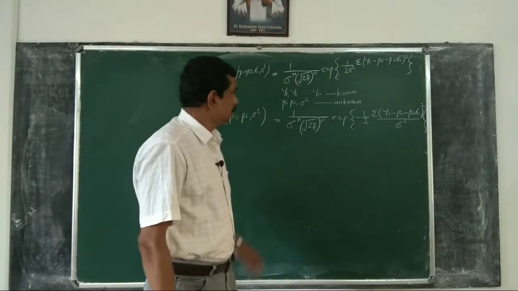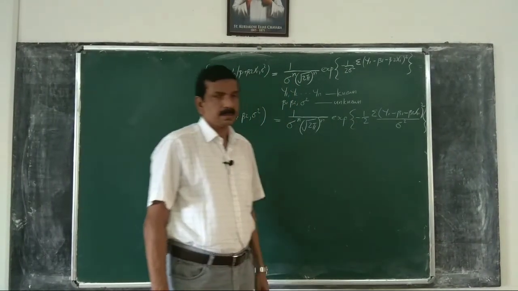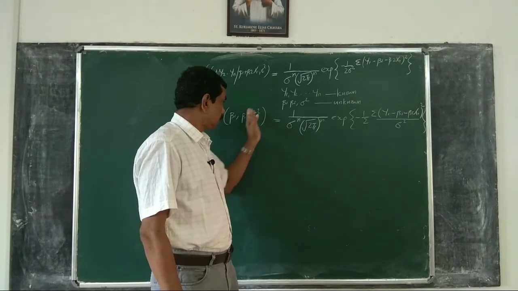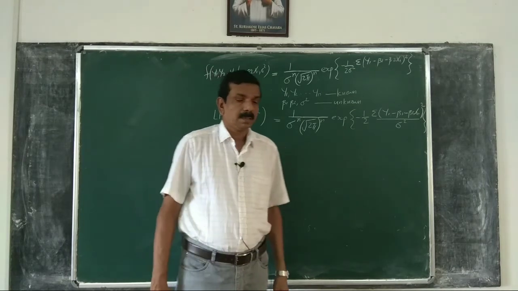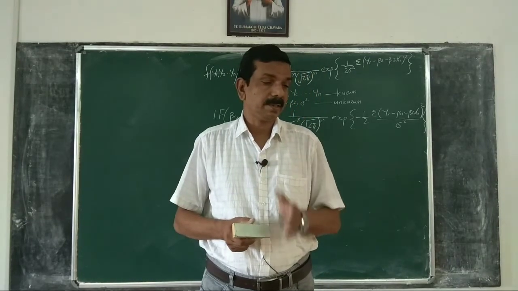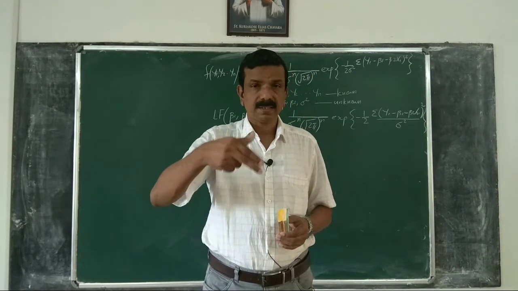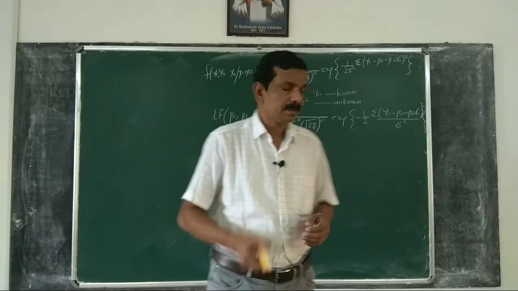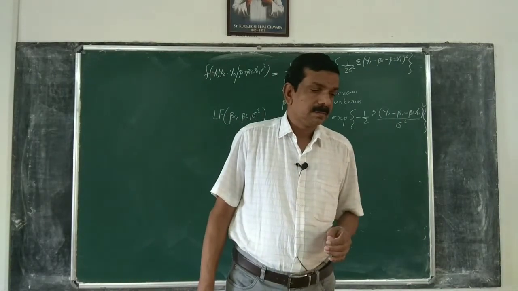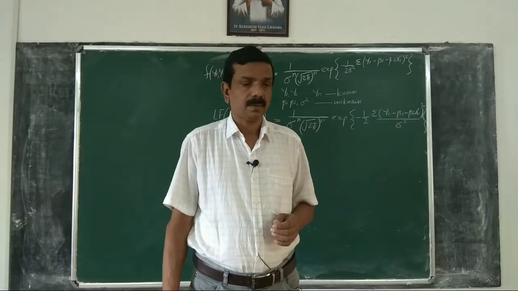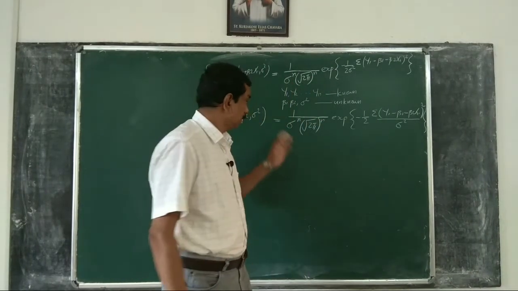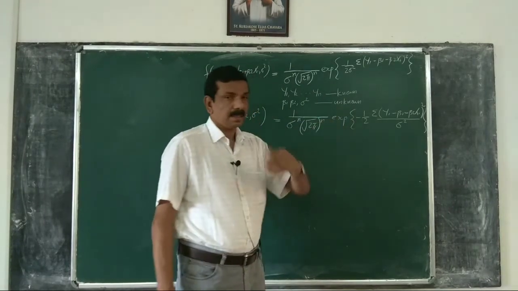Now, the method of maximum likelihood consists of estimating the unknown parameters beta 1, beta 2 and sigma square by maximizing the likelihood function, or by maximizing the probability of obtaining the given y values as high as possible.